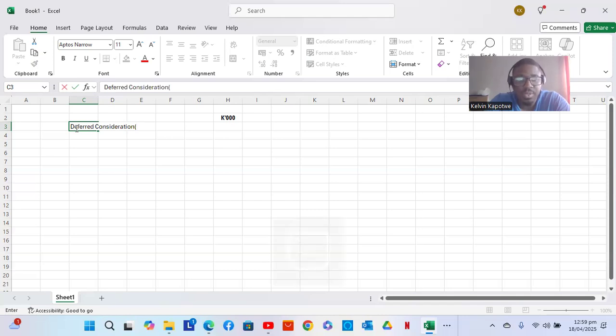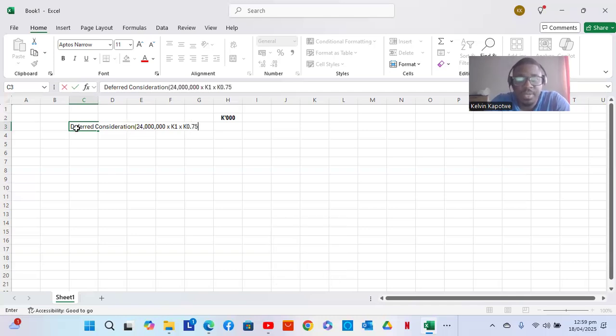So we are basically saying 24 million shares, we multiply by 1 kwacha, which is the nominal value, and then I'm going to multiply by, since it is a deferred consideration, we were told that the 1 kwacha in 3 years can be discounted to 75 ngwee. So what I would do then, I would discount that to 75 ngwee.